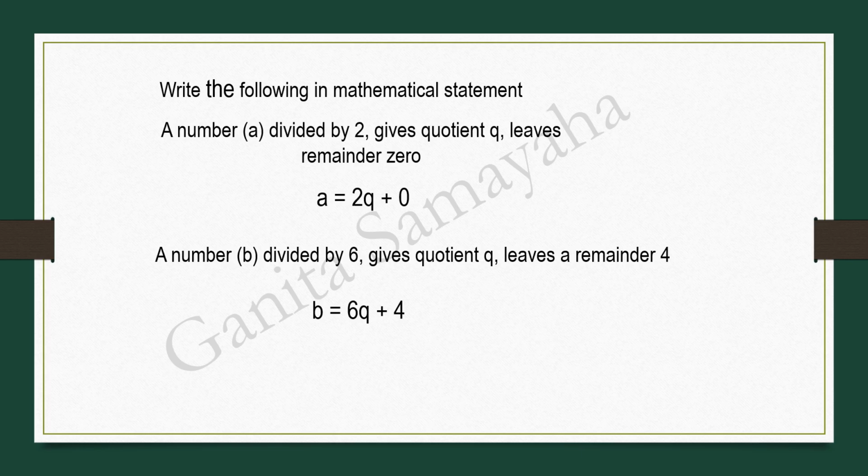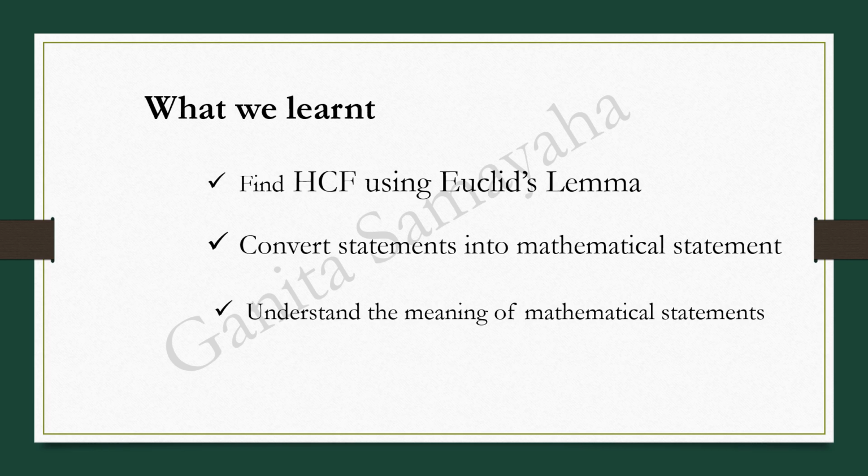I hope all these concepts are clear, children. Please run through the video again and make all these clear before we get into the next session. Let us take a quick recap on what we have learned today. We have learned to find HCF using Euclid's lemma.